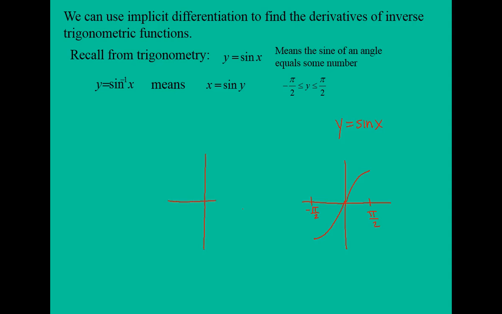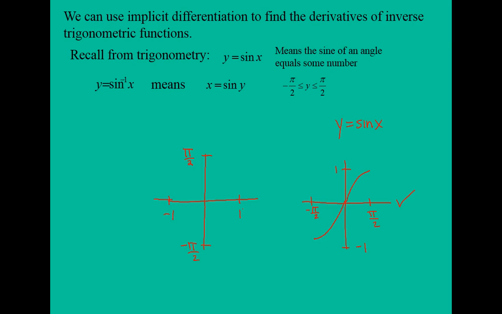Now remember, when we graph an inverse, we switch the x and the y's. So whatever's on the x-axis over here for y equals sine of x now is going to be on the y-axis. And we know that the max and min values for the sine are 1 and negative 1, so those now are going to be on our x-axis.